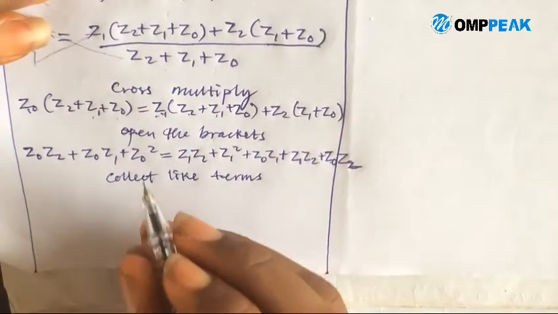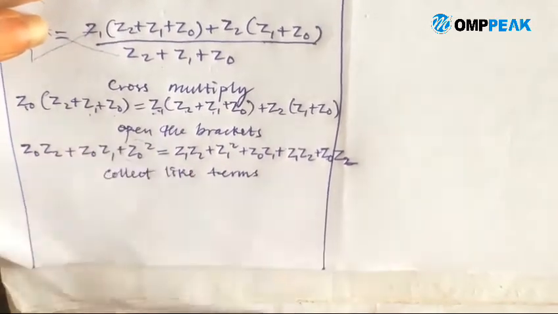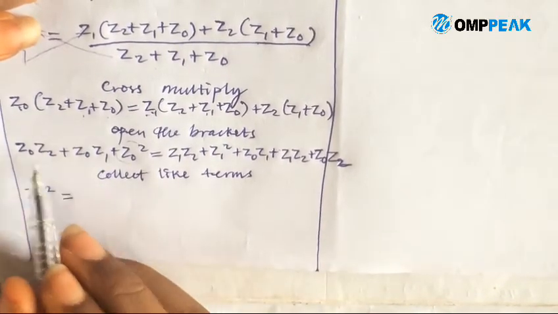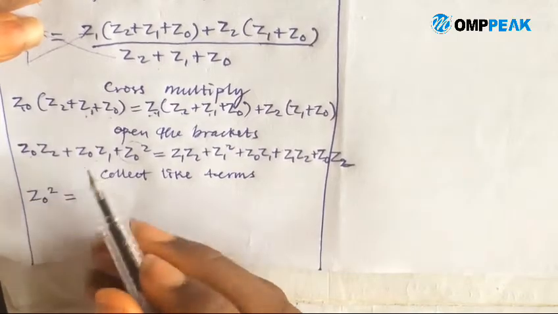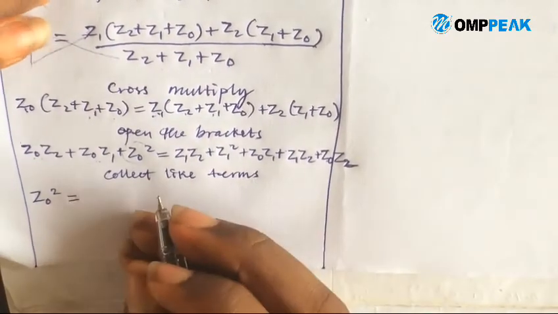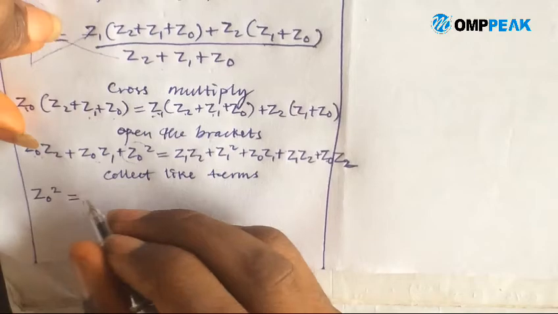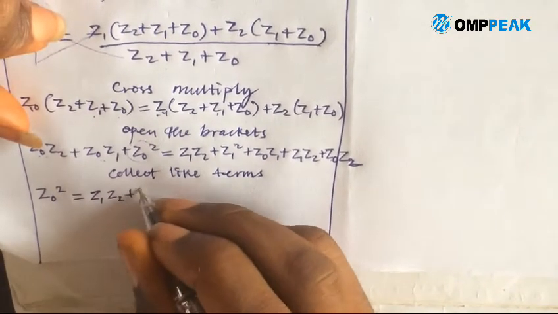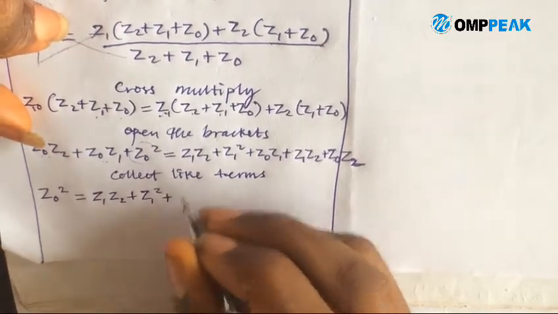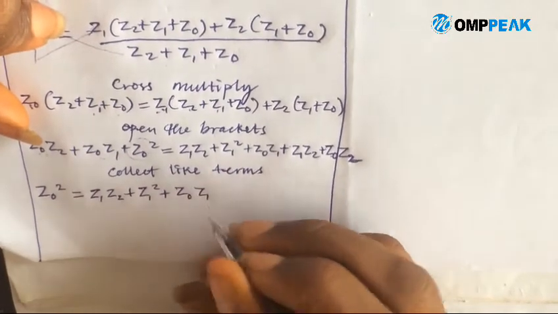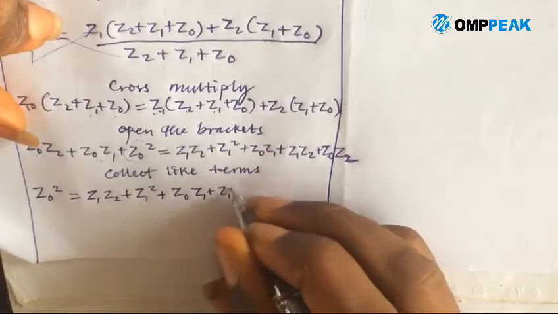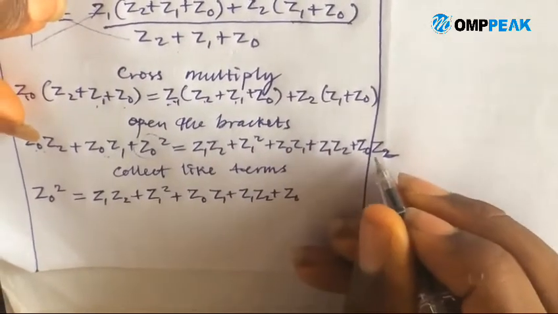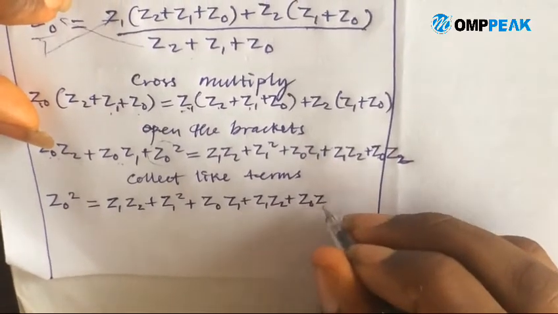Now let's use this one. Z0 square equal to, we are taking all this and this to the right hand side. So we have something like this: Z1 Z2 plus Z1 square plus Z0 Z1 plus Z1 Z2 plus Z0 Z2.